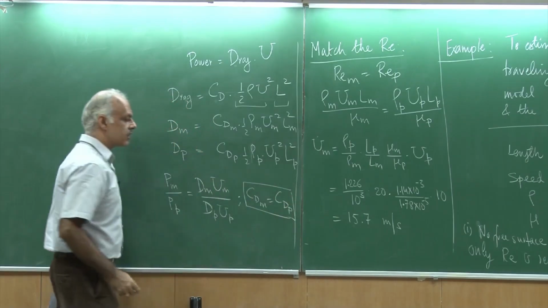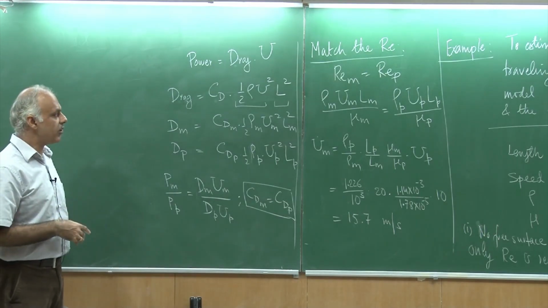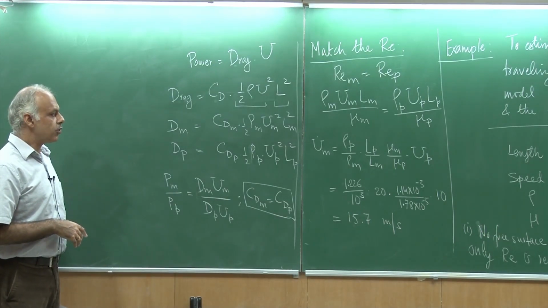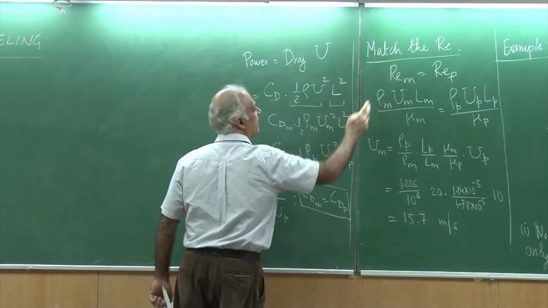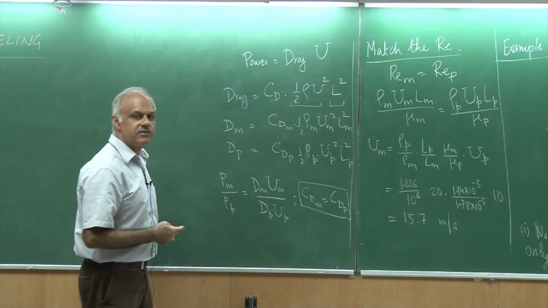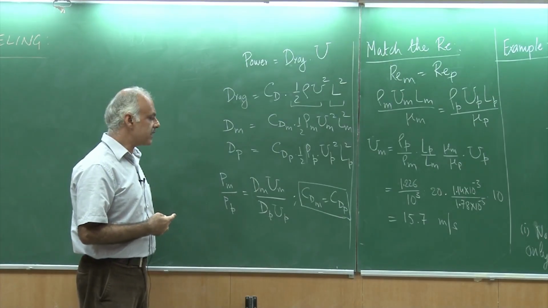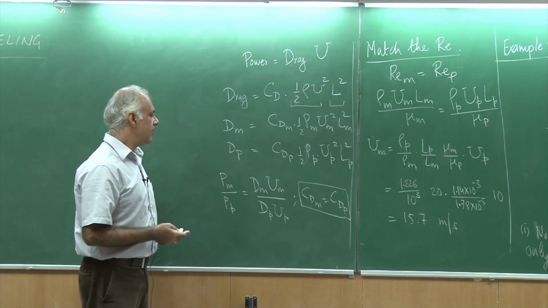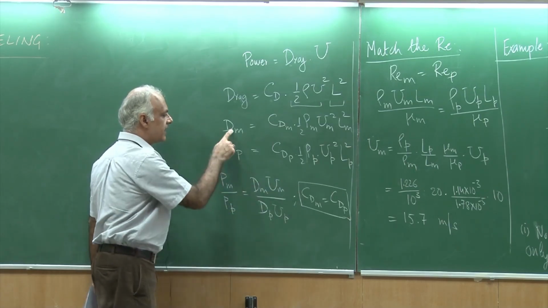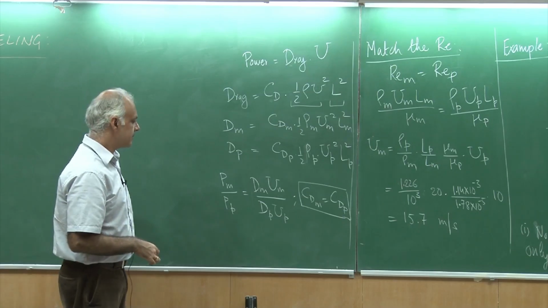This is an outcome of dynamic similarity, because we have shown that if the Reynolds number is identical, then because only the viscous and inertial effects are important, the drag coefficients will also be identical. Mind you, the coefficients are identical but not the drags. Okay? All right.